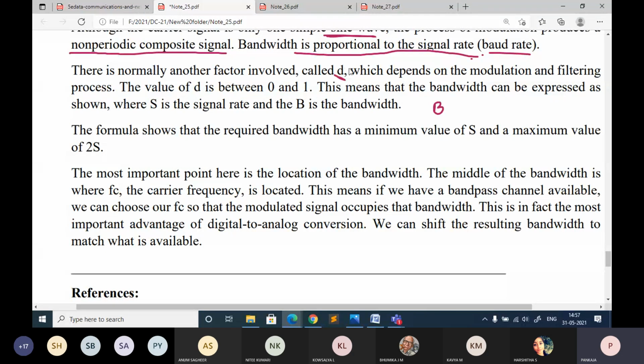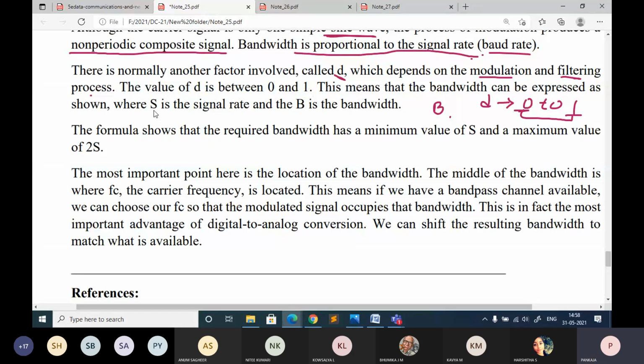This d depends on what type of modulation I am going to use and what filtering process I am going to use during modulation. That factor is represented with d, and it lies between 0 and 1. You will be given the value of d in the problem, and accordingly you can calculate the bandwidth required. So just remember, it is a factor considered when you want to calculate bandwidth in case of ASK.